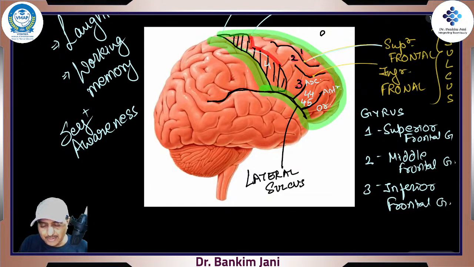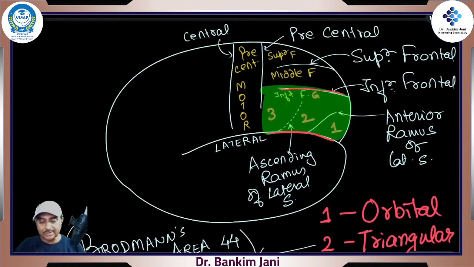The primary cortex is also the area number 4, that is the primary motor cortex.